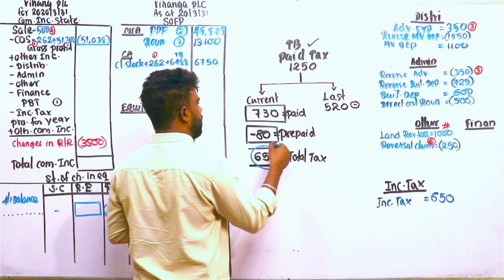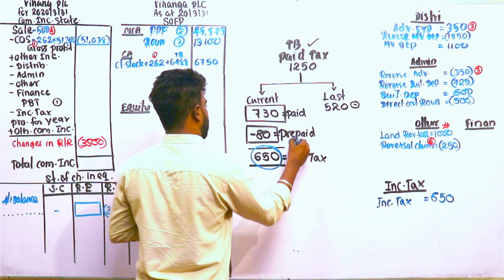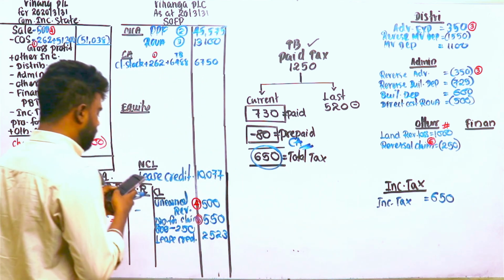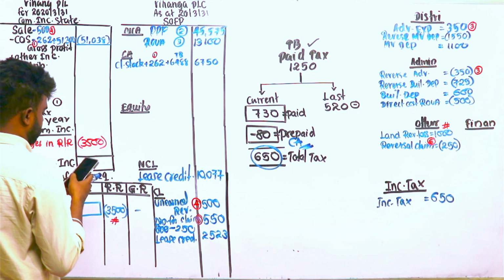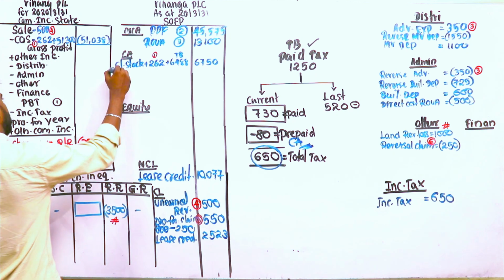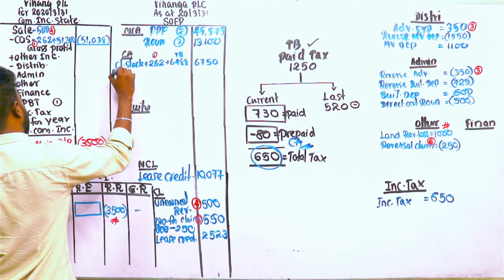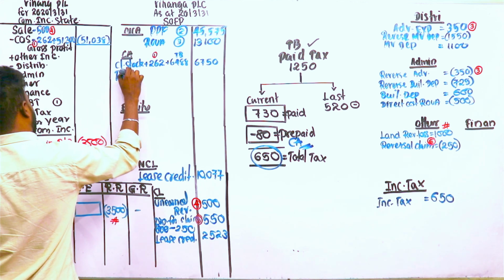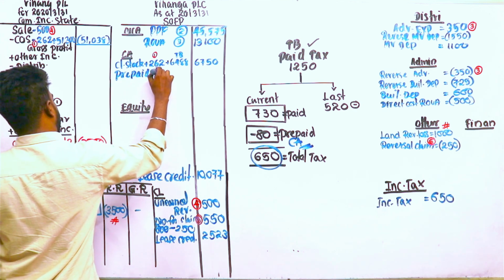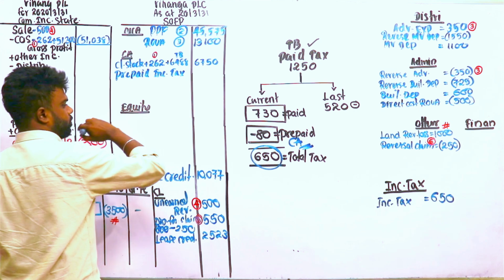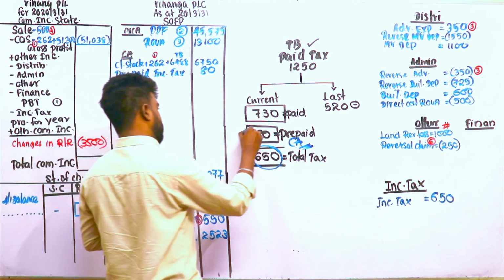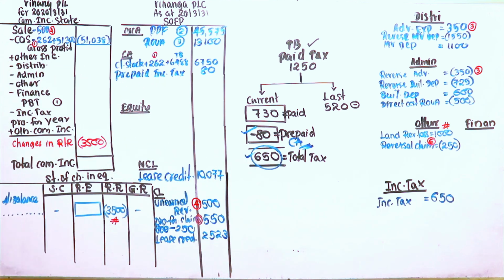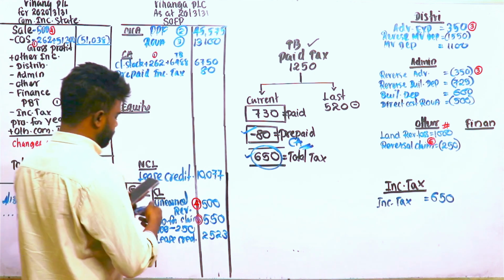But this one, where do I record it? Under current assets. Prepaid is recorded under current assets, as income tax receivable or income tax prepaid. Okay, the prepaid income tax, so income tax receivable.